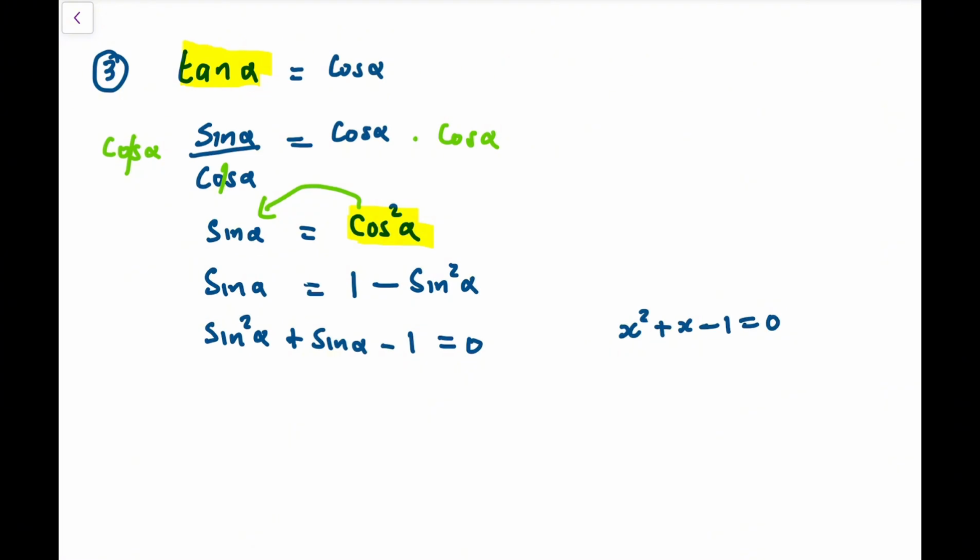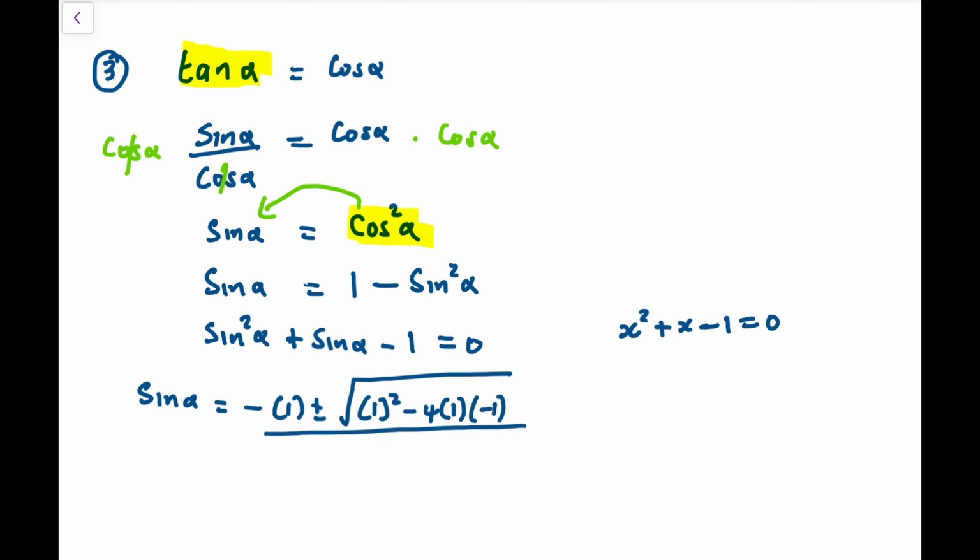We can use the quadratic formula to solve for sine alpha. So if we use the quadratic formula, we are going to have sine alpha is equal to minus our b, which is 1, so it's going to be minus 1 plus or minus the square root of 1 squared minus 4, where our a is 1 and our c is minus 1, all divided by 2 multiplied by 1.